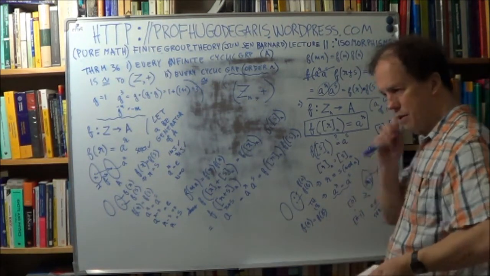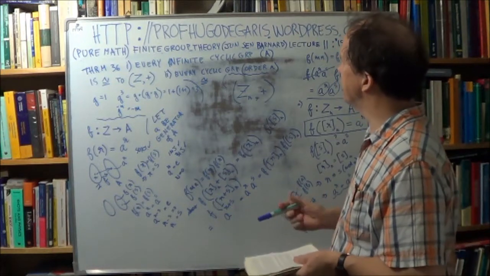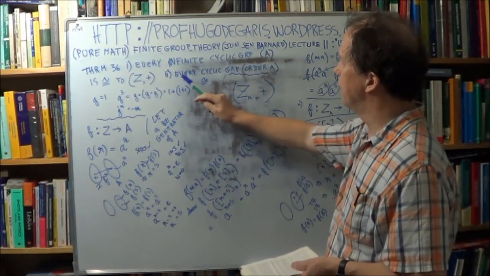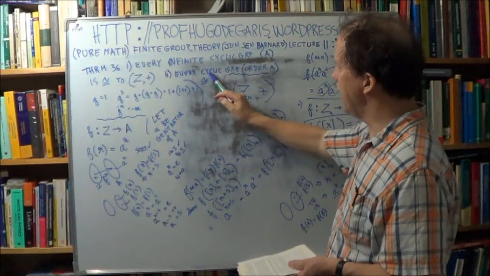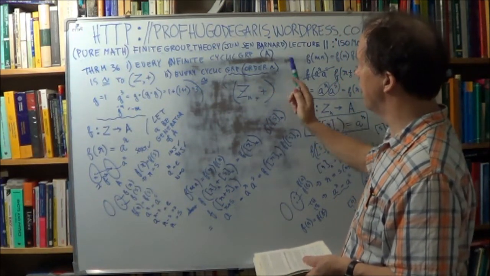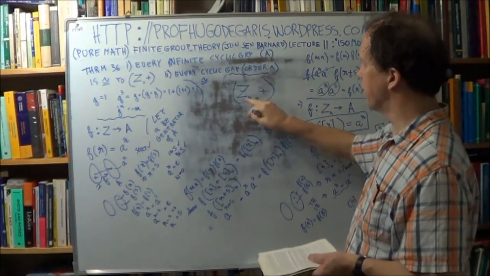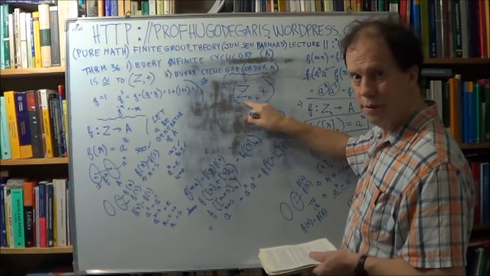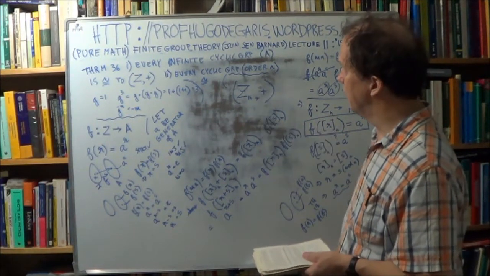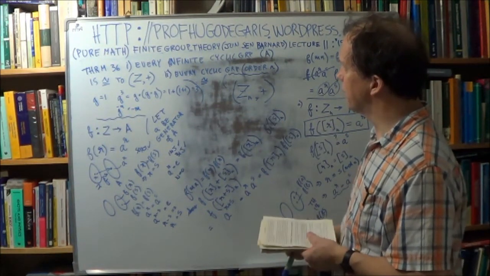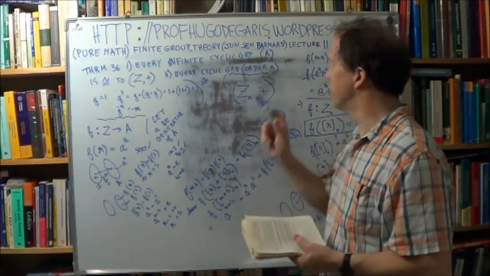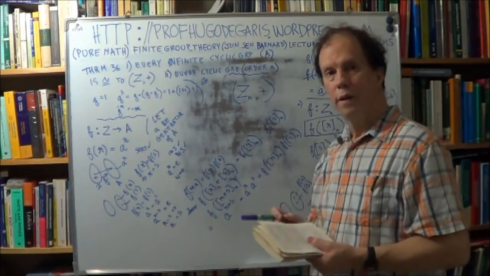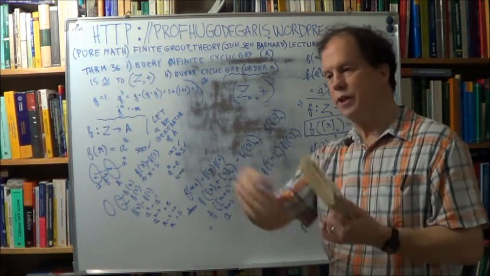So let's discuss a little. Any cyclic group that's order n is isomorphic to this. Okay. So in effect, any cyclic group of order n is isomorphic to any other.